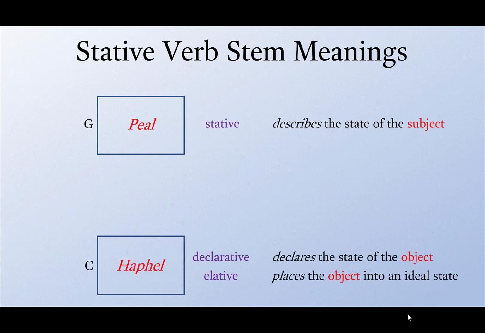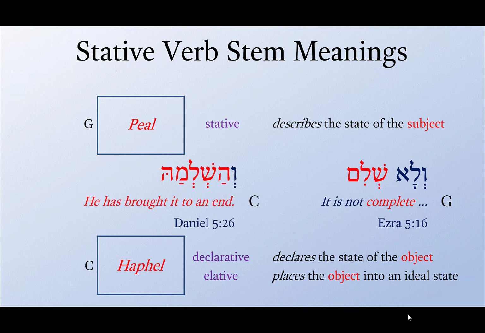Now, looking at the relationship between G and C for stative verbs, G, it is not complete. So shin, lamed, mem, this verb of completeness that in Hebrew lies behind the word shalom. Okay? So it is not complete. This it is the subject. But now we get transitive. He has brought it, whatever the it is, this object, to an end. Now, of the options I have on the screen there, I believe this falls more into the elative category about placing the object, this it, into an ideal state.